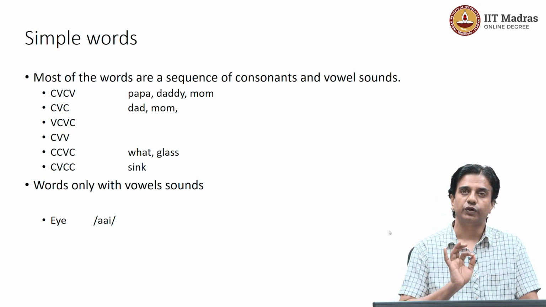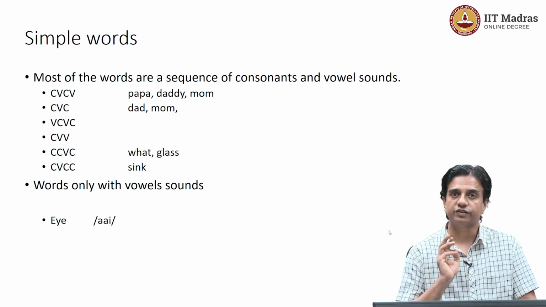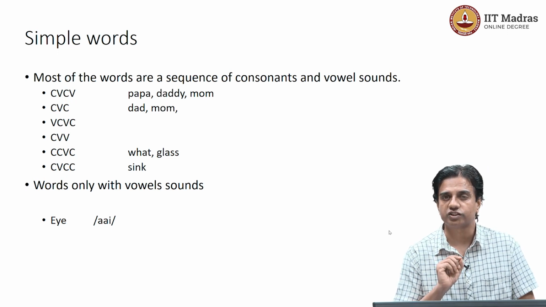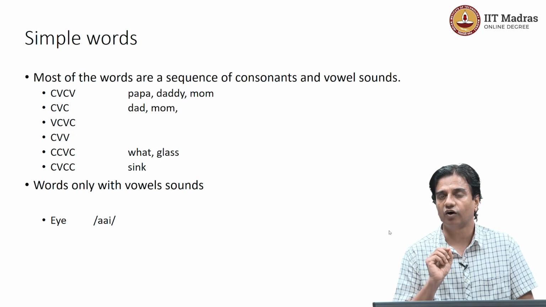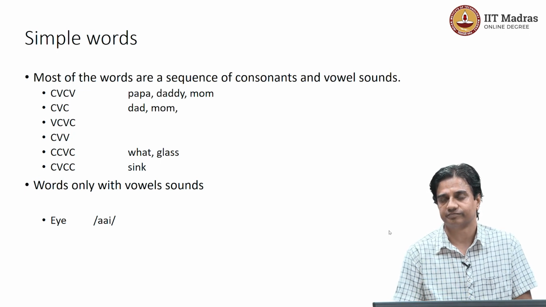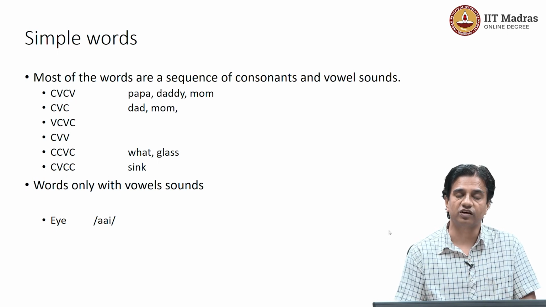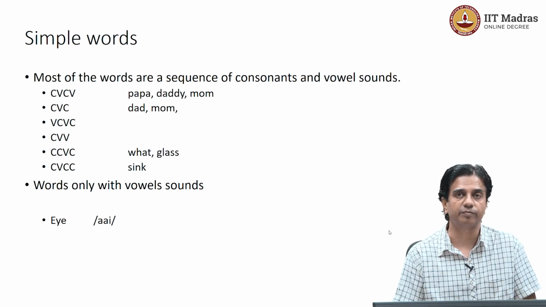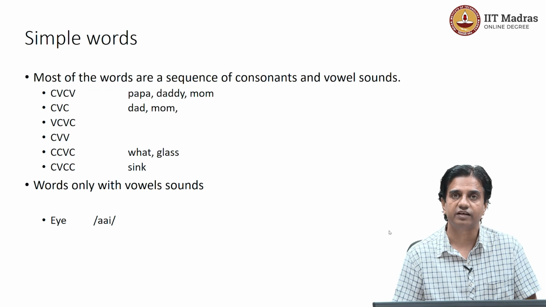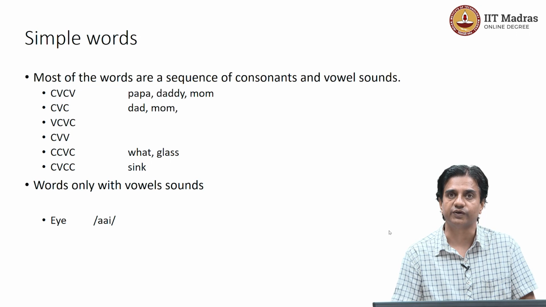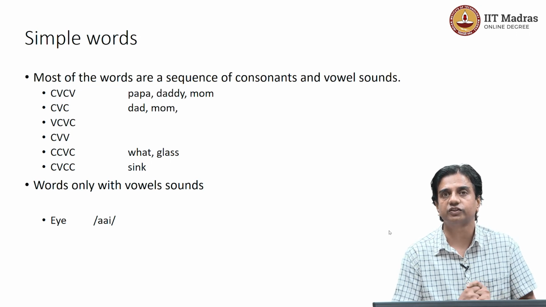So, two things. Number one, a word is not a random ordering of any set of sounds. And number two, from our discussion on consonants and vowels, keep in mind that every word must have a vowel sound in it. So, these are the two things that will make us understand words properly.